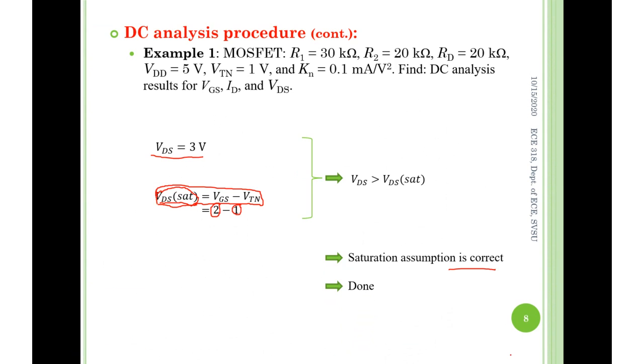Does everything make sense so far? If we were doing a full analysis, we would move on to AC after that, right? Exactly. If we do full analysis, we need to do AC. But to do AC, we need what?